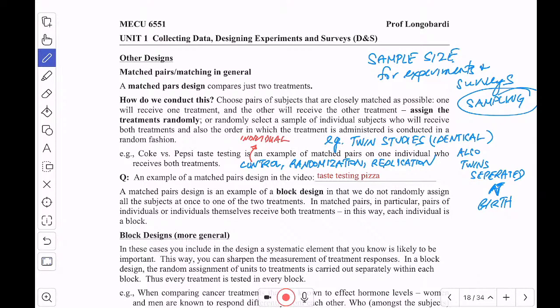The control is the individual themselves. The randomization is the order of the cola drinks. And the replication is just many people.